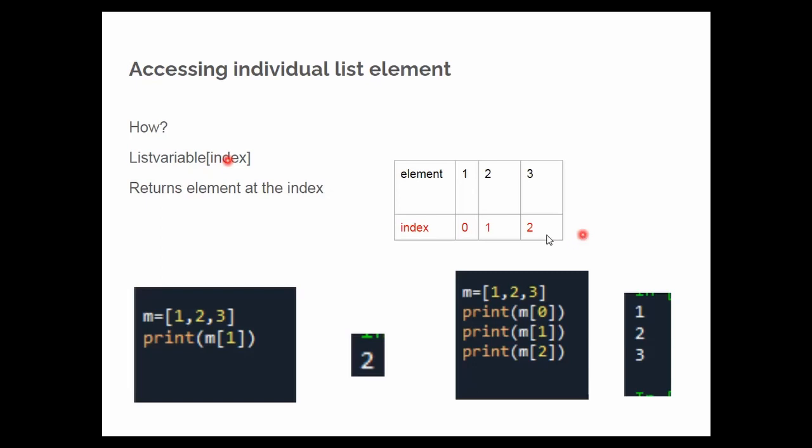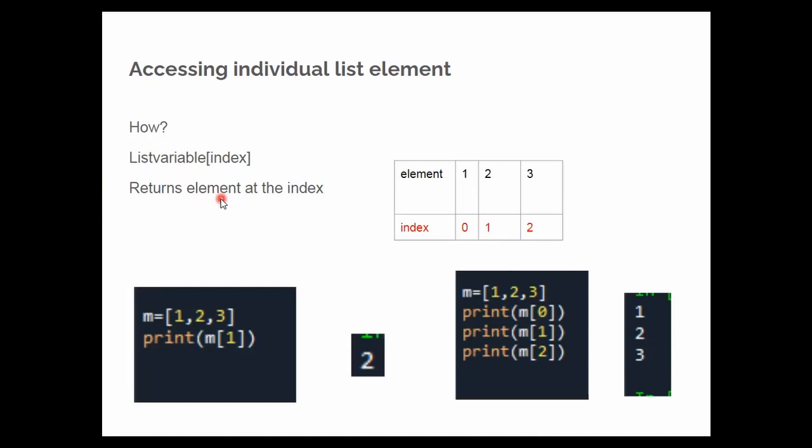Suppose I want to access what is present at index number 2. For that, I write the list variable name, which is M, and the index is 2. So I write M, then square brackets and 2, which we call M of 2. If we write M of 2, what is going to be returned?